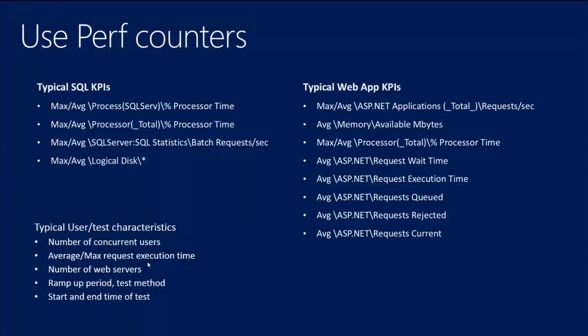Number of users, execution time, number of web services, the ramp-up period, how you're testing, start and end time. Am I missing anything really fundamental here? I kind of suspect I am when I'm throwing these KPIs at a room full of SQL performance people. But these are the main ones anyway that we tend to measure.